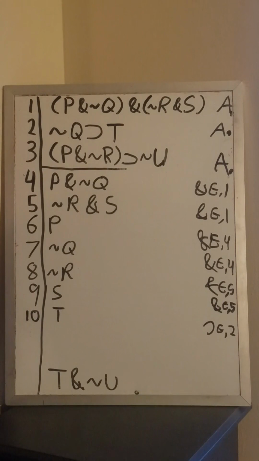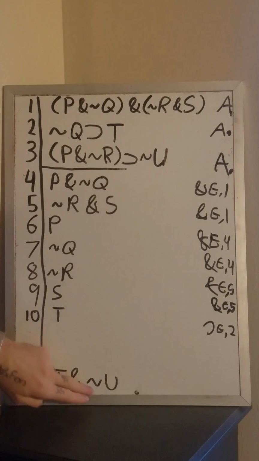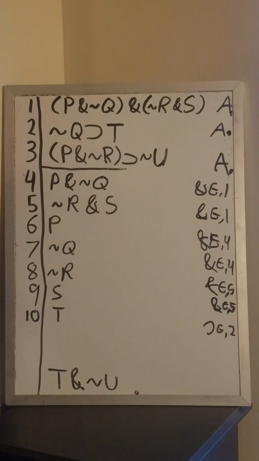Okay, now the other thing that we need is not U, and we need P and not R in order to get that. But we have P here, and we have not R here, so we can go ahead and put those together.